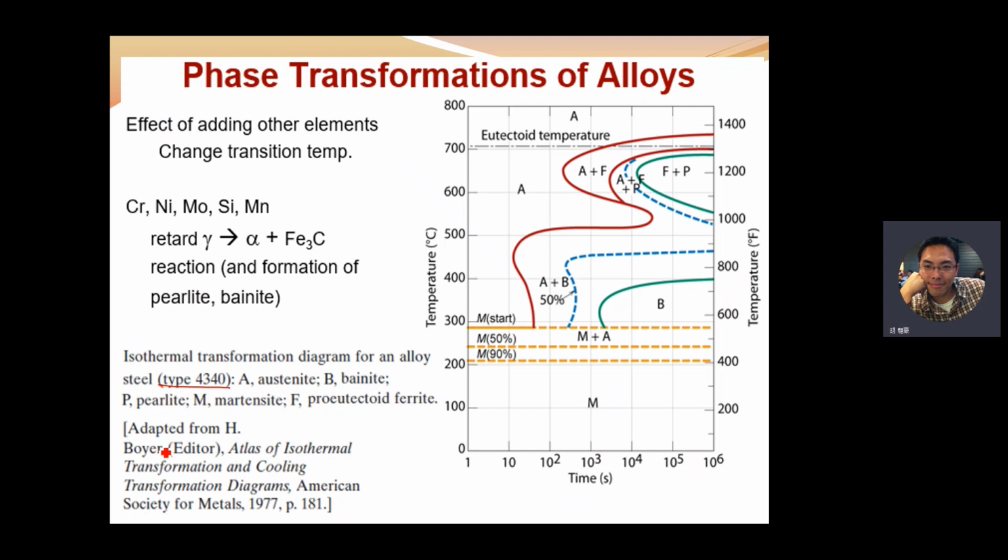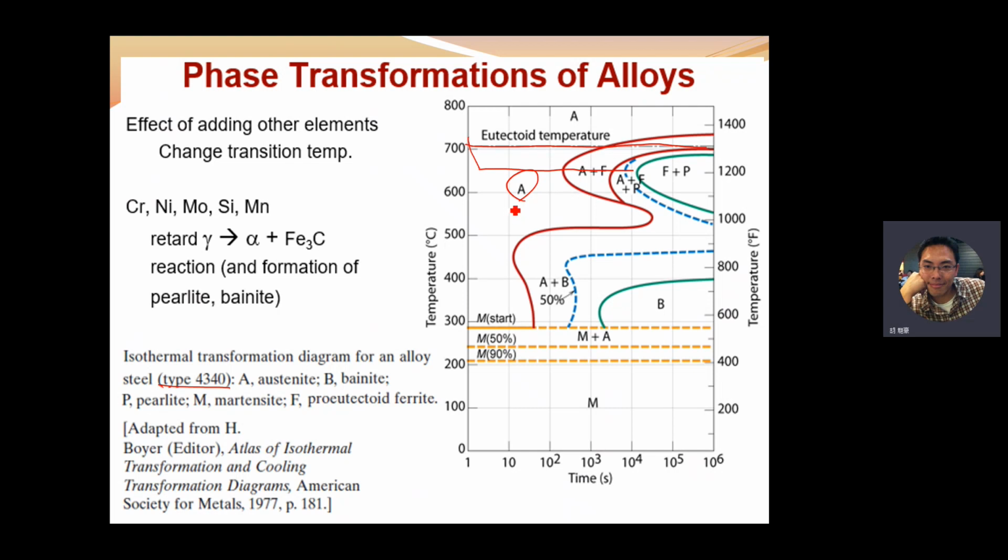So this is alloy, with some alloying elements. So we can compare, for example, this is our TE, the eutectoid temperature right here, right? And this is the austenite gamma solid solution, right? And at this point, for example, we have an isothermal temperature drop to like here, and we keep the temperature constant.